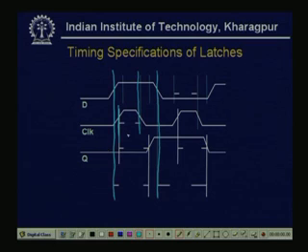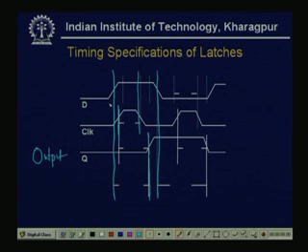Now, similarly, when D changes from 0 to 1, here the Q changes, that means my output changes from 0 to 1, this position.